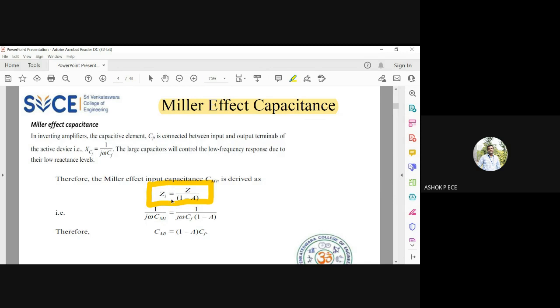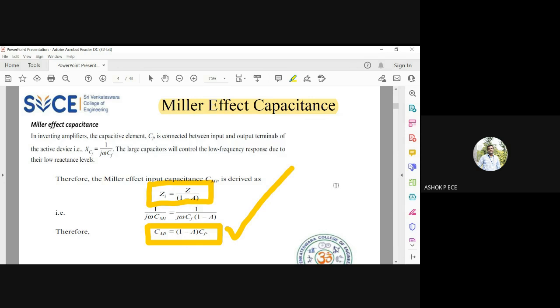And I am writing the capacitance as 1 by j omega CMI. CMI: C is capacitance, M is Miller, and I is input side. And Z value is 1 by j omega CF into 1 minus A. So if you cancel the terms, you get CMI equal to 1 minus A into CF. So this is the value of the Miller capacitance at the input side.